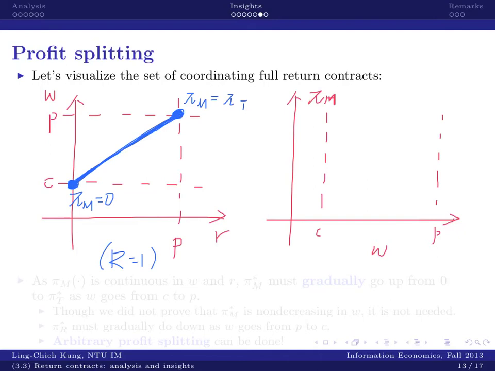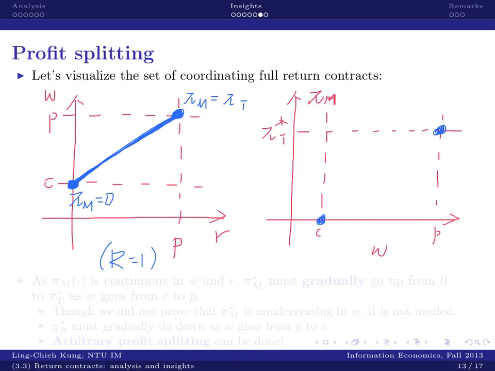First, it can never be greater than pi t star. Also, when the wholesale price is nothing but C, the manufacturer gets nothing, but when the wholesale price is as high as P, it can get everything.